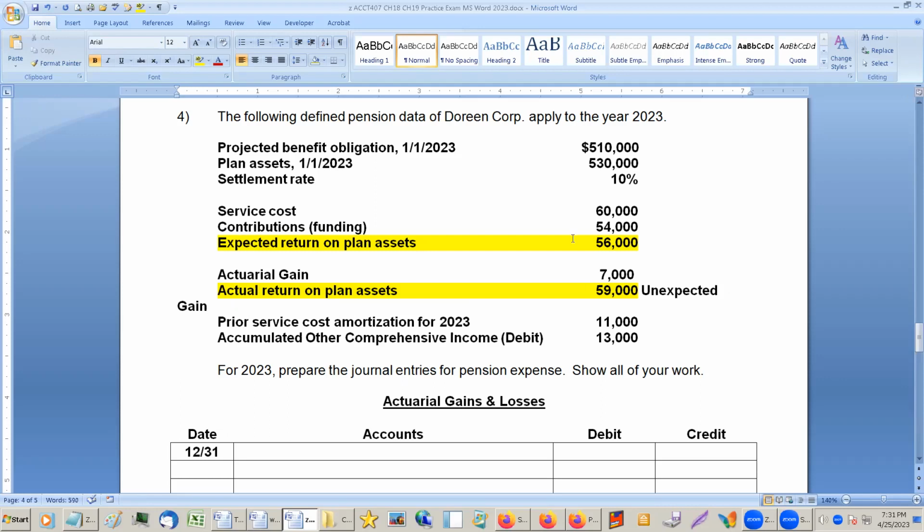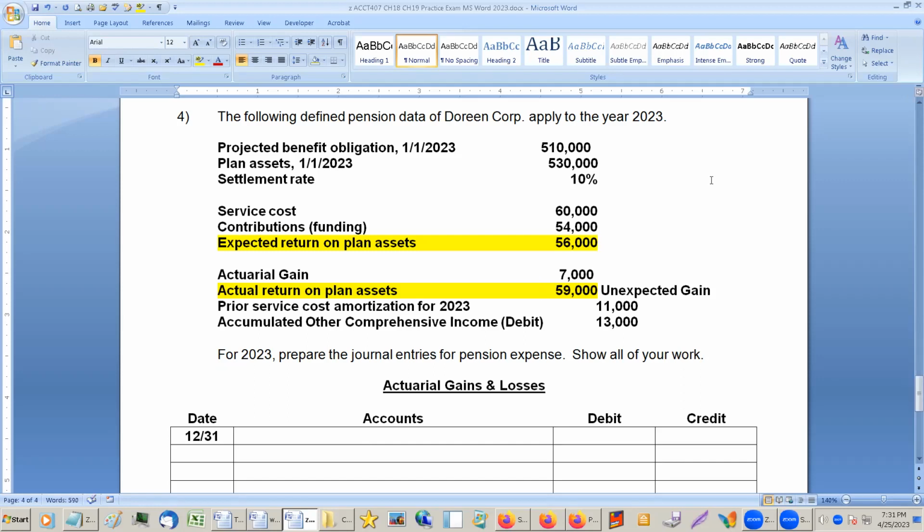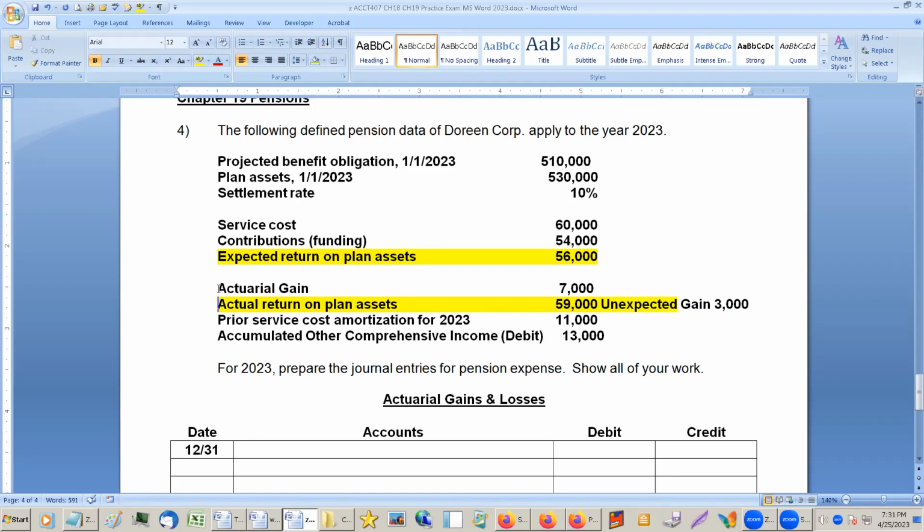I think a gain of 3,000. And we have an actuarial gain of 7,000.